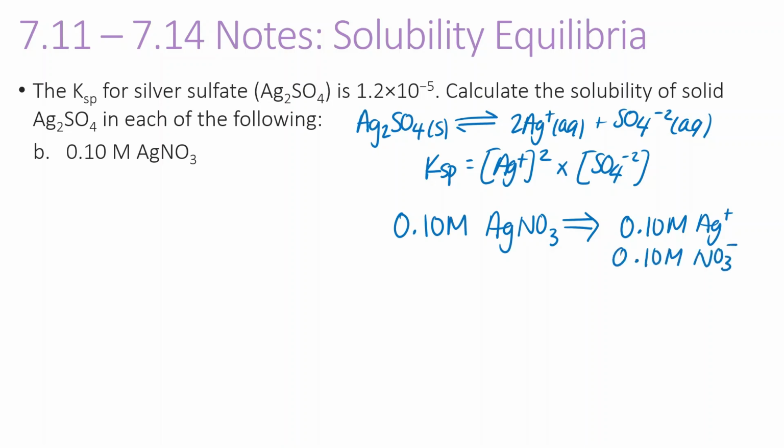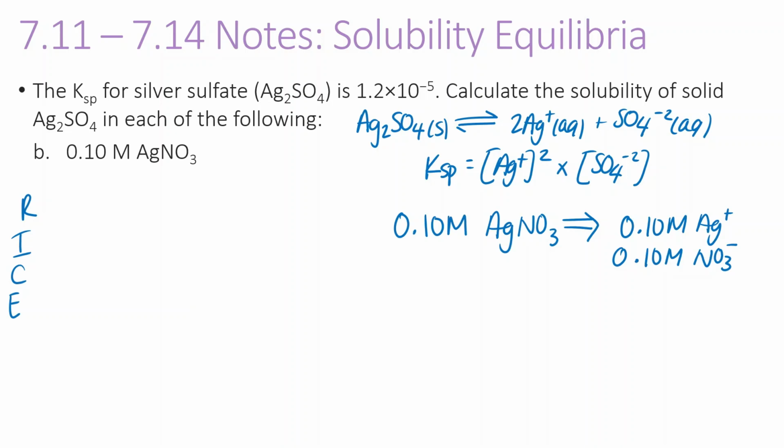Now, silver nitrate is a soluble salt, so I don't need a KSP expression to know how much silver and how much nitrate are going to be present at equilibrium. I know, because it is a soluble salt, that all of my silver nitrate will break apart into silver and nitrate. So I'm going to go ahead and make my Rice chart here.